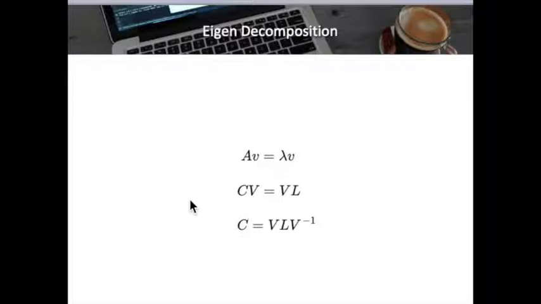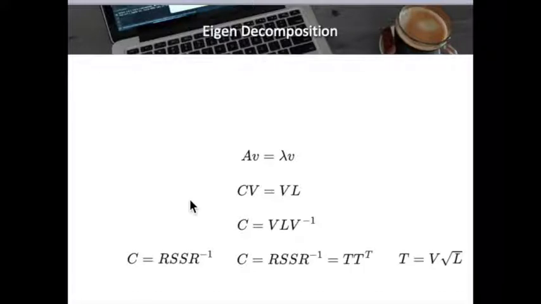The eigenvectors represent unit vectors that give the direction of the largest variance of the data, whereas the eigenvalues represent the magnitude of this variance. This denotes that V represents the rotation matrix, and the square root of L represents the scaling matrix.